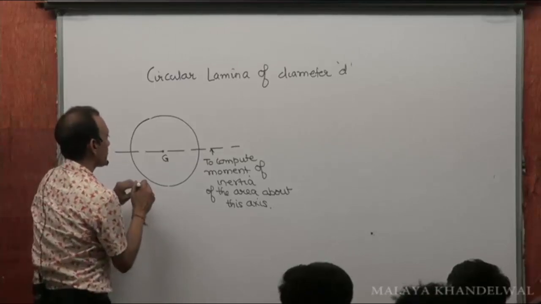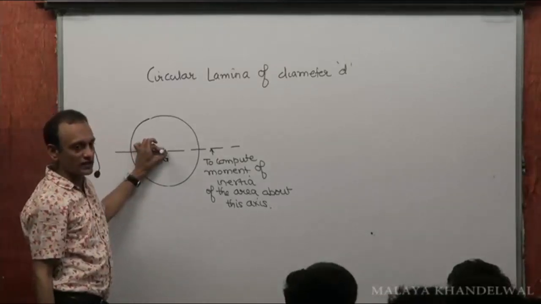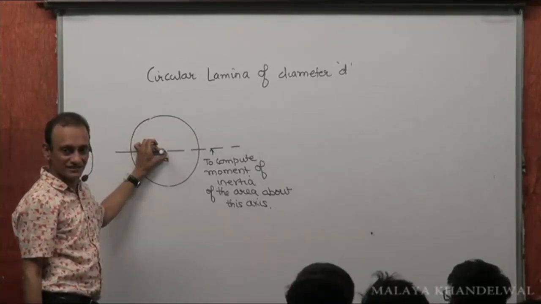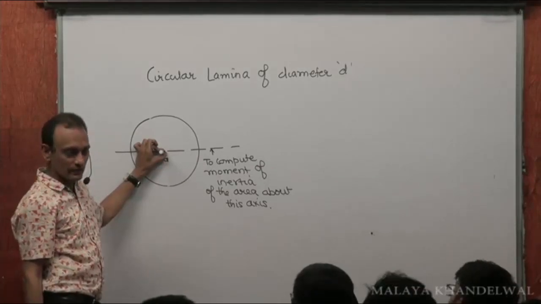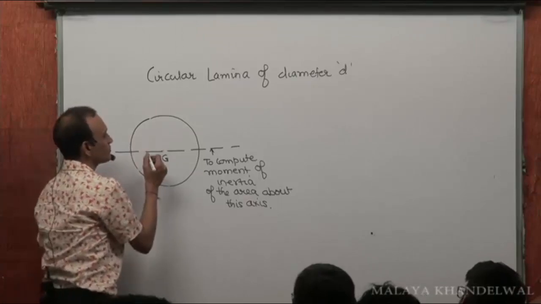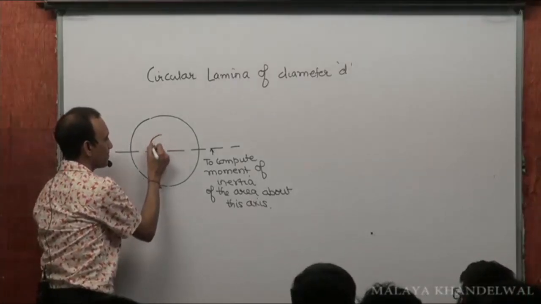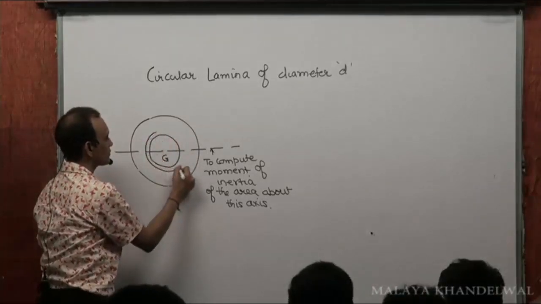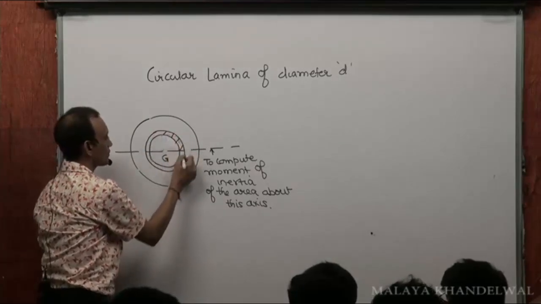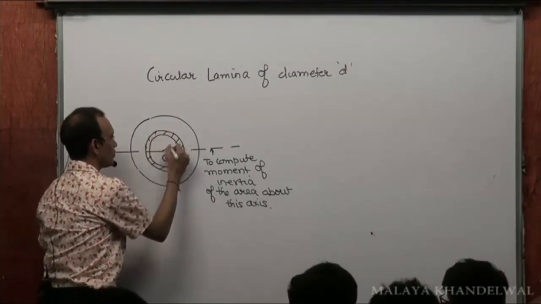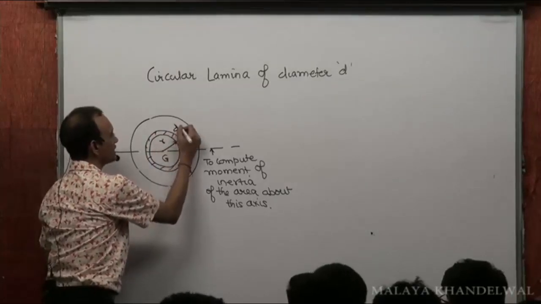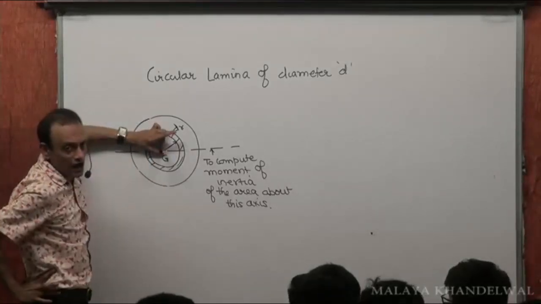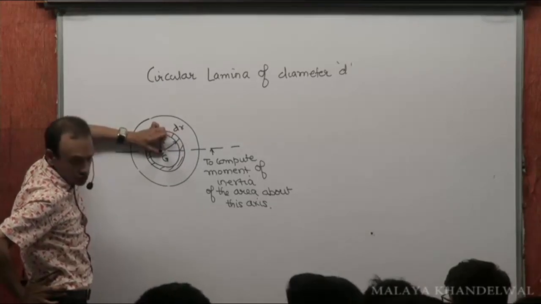What I do is, let me compute the moment of inertia of the area about an axis passing through G but perpendicular to the plane of the lamina. Suppose I take a small strip of radius r and thickness dr. Now all points on this strip are at the same distance r from the axis passing through G and perpendicular to the plane.